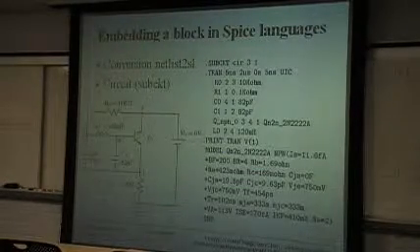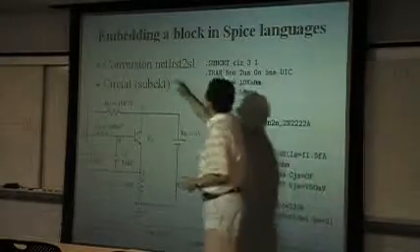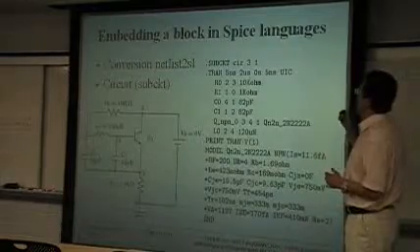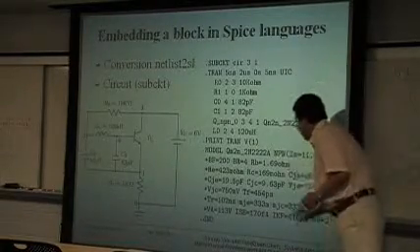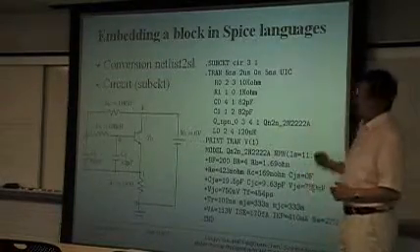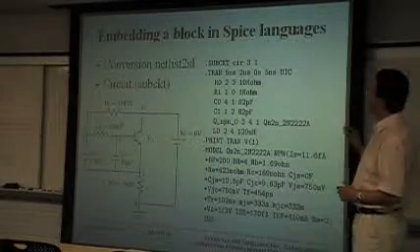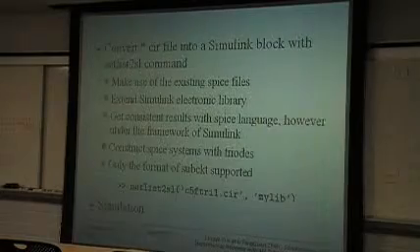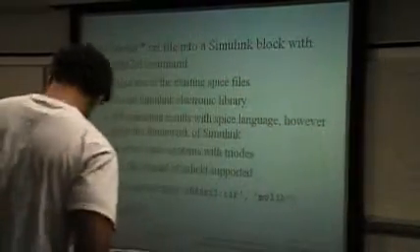So with the use of a new command called Matlab2SL, it can be used to convert a Spice program into a Simulink block. And then you can use the Simulink block.